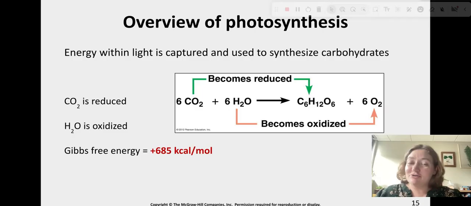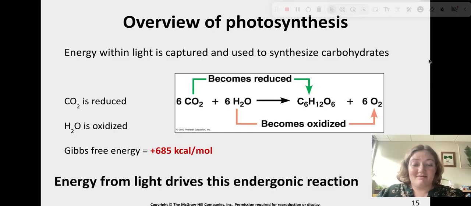That is not energetically favorable. This is not going to be a spontaneous reaction. This reaction requires an input of energy. And the energy in this case is coming from energy harvested from sunlight. All right, so energy from the light drives this endergonic reaction.